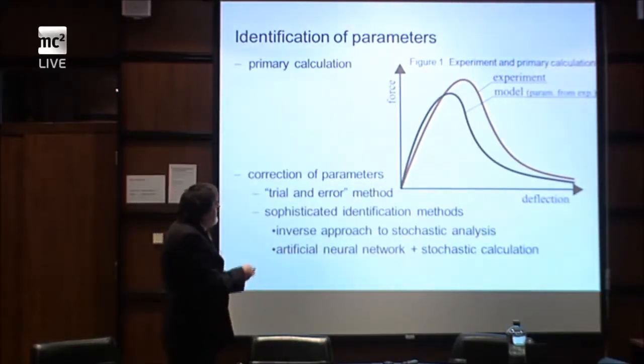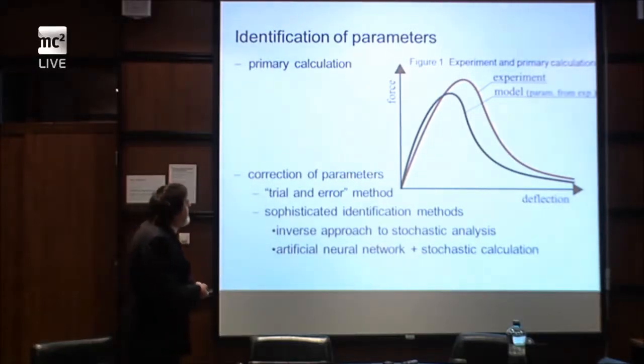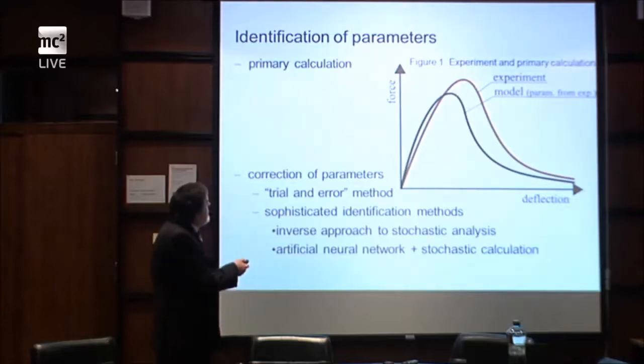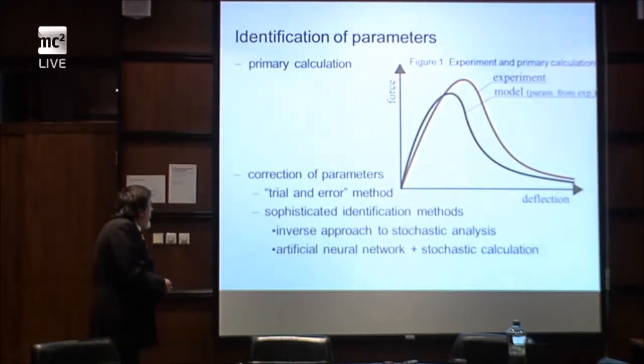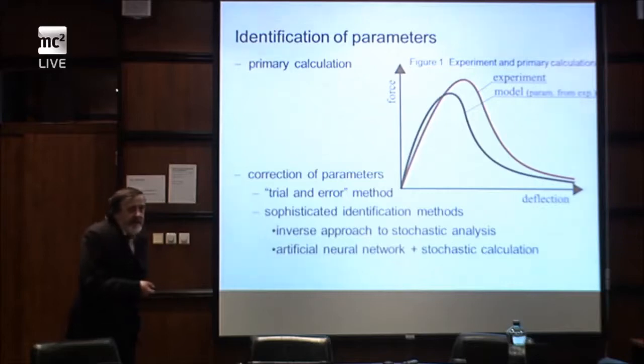Of course, why? Because parameters are wrong, the experiment is contaminated, our model is contaminated. There is a lot of bad influence which influences this difference. What we are doing usually is correction of parameters by a simple trial and error method, right?